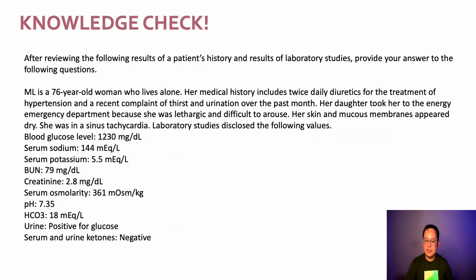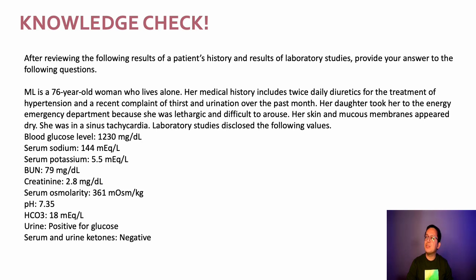Knowledge check. After reviewing the following patient history and laboratory results, provide your answer to the following questions. ML is a 76-year-old woman who lives alone. Her medical history includes twice daily diuretics for the treatment of hypertension and a present complaint of thirst and urination over the past month. Her daughter took her to the emergency department because she was lethargic and difficult to arouse.